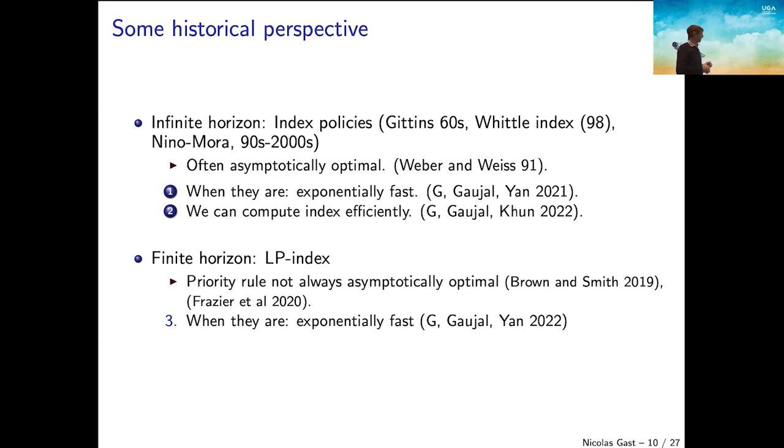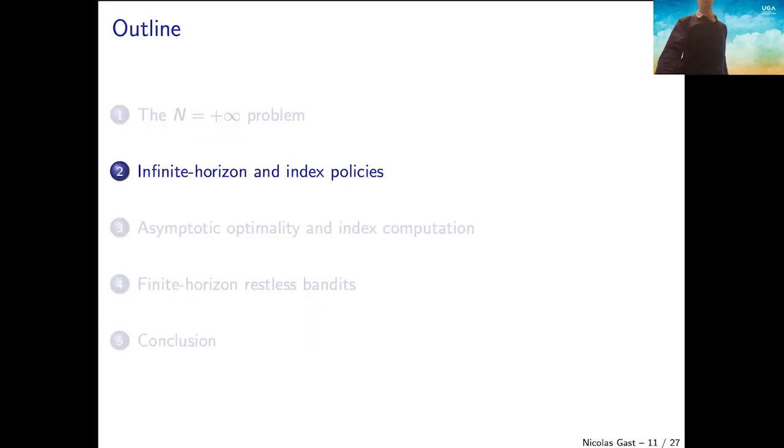Here index policies are asymptotically optimal under some technical conditions, but for the infinite horizon, these conditions are widely satisfied, whereas for finite horizon they are satisfied for many problems, but not as many as here. And again, we can almost obtain the same results of exponential convergence. It's really similar to the previous case.